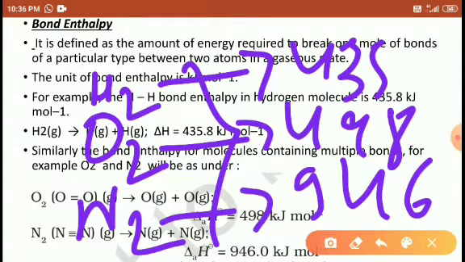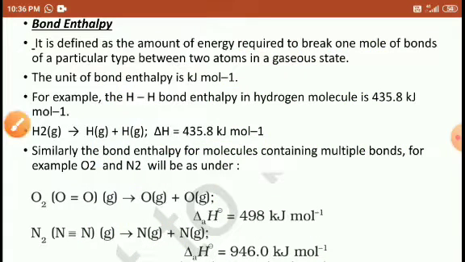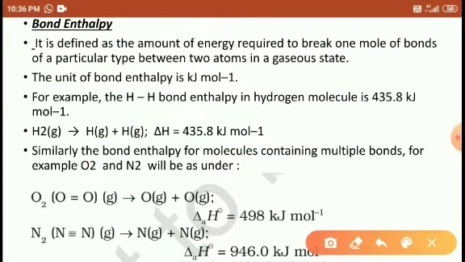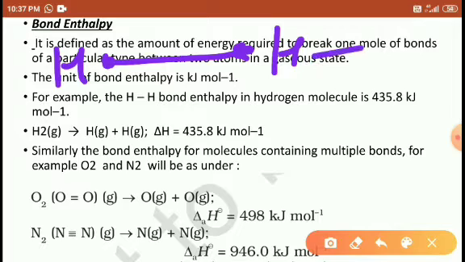All are diatomic, so why do they need different energy? Because hydrogen contains a single bond. A single bond has a large bond length and weak strength, that's why it dissociates easily with less energy.